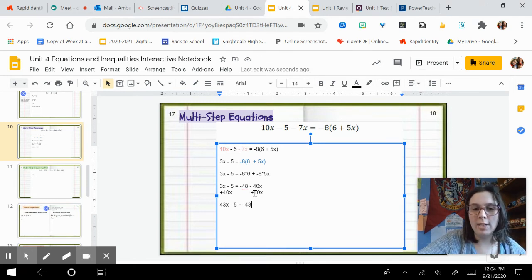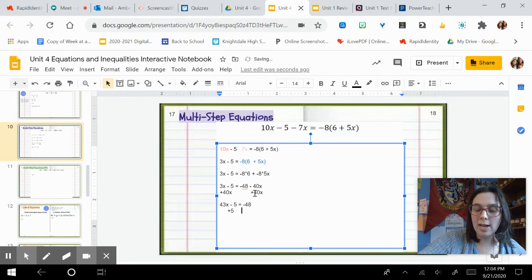Now x is on one side. But I have to get that constant, negative 5, with the negative 48. Since the 43x is already on that side, we do not want to bring the negative 48 to that side as well, because that puts everything on the same side. We want them on opposite sides so we can get the x by itself. So now I need to move the negative 5. What is the opposite of negative 5? Plus 5.